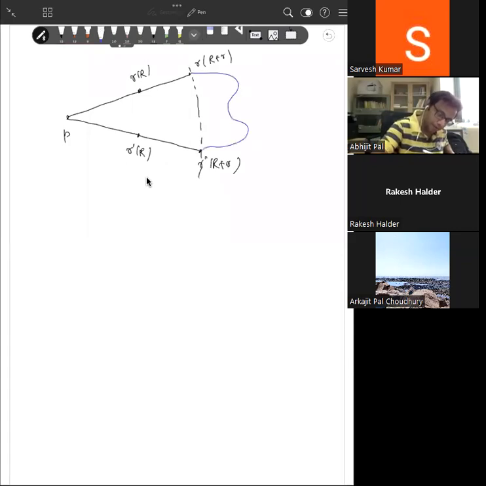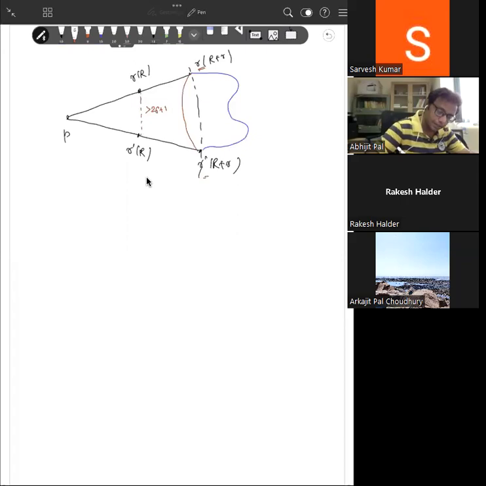So we have this picture. Join these 2 points by a geodesic. So this distance is greater than 2 delta plus 1.